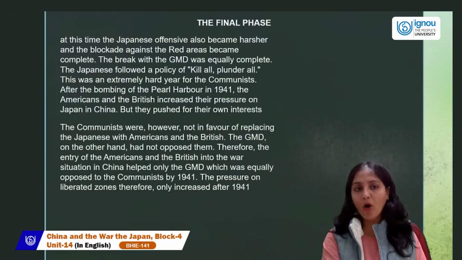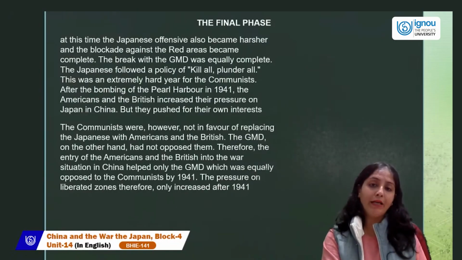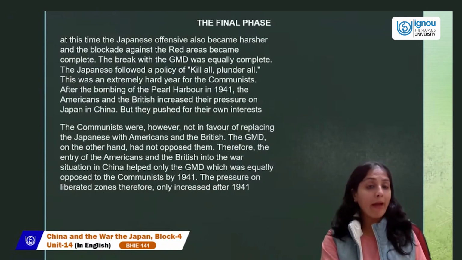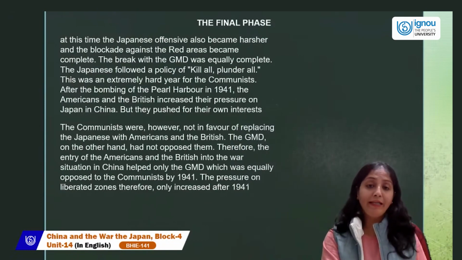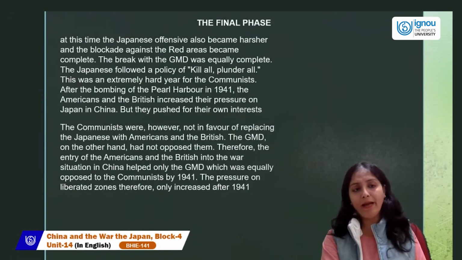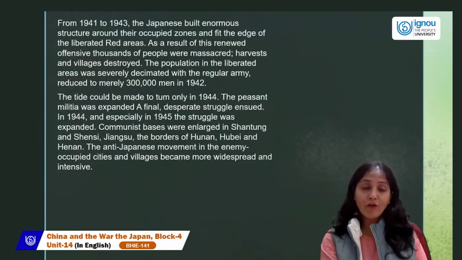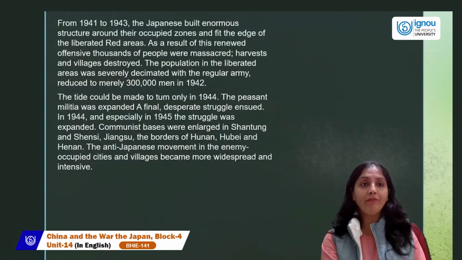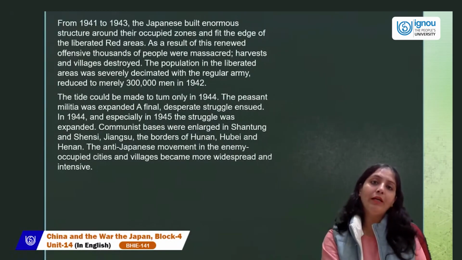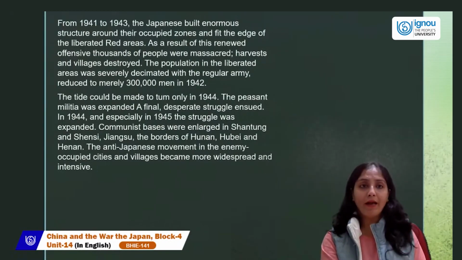After the bombing of Pearl Harbor in 1941, the Americans and the British increased their pressure on Japan in China, but they pushed for their own interest. Next, from 1941 to 1943, the Japanese built enormous structures around their occupied zones and the edge of the liberated red areas.